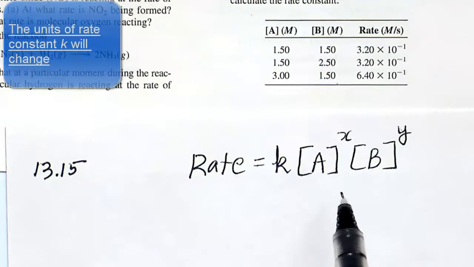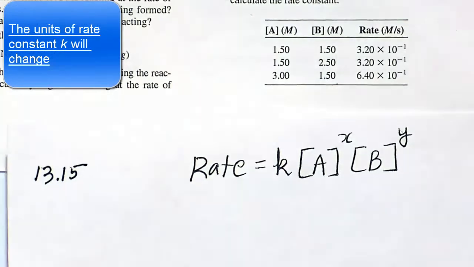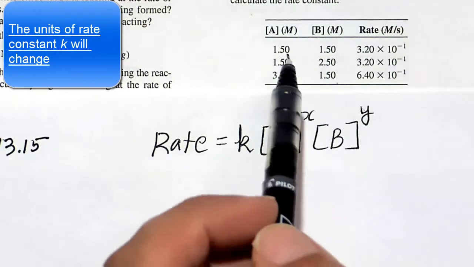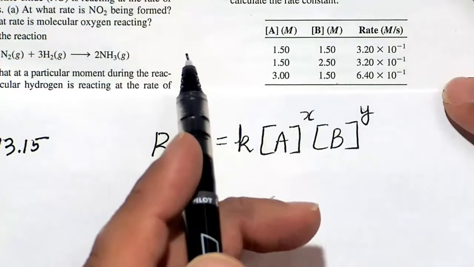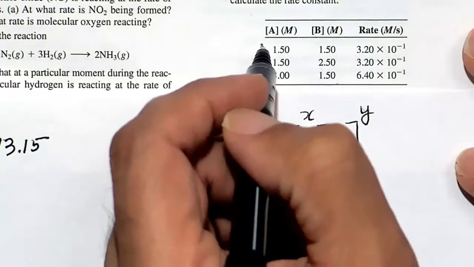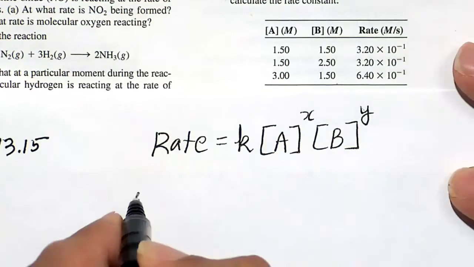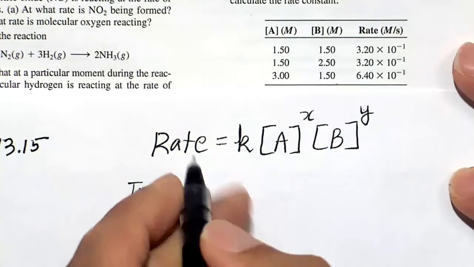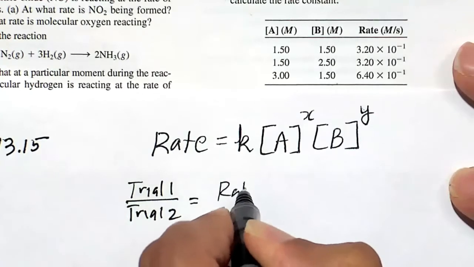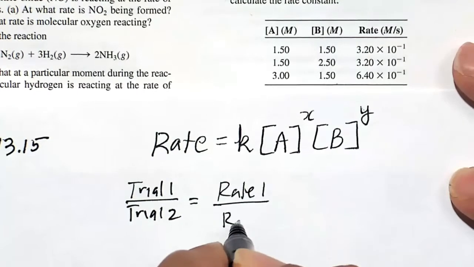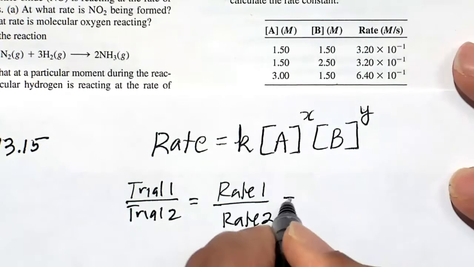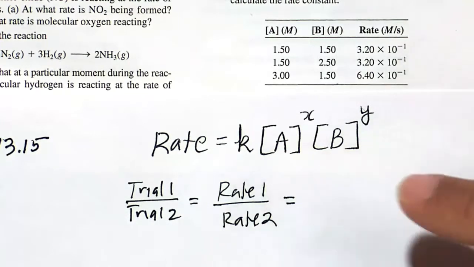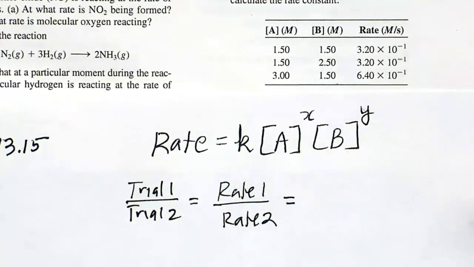To solve this type of problem correctly, we're going to have to compare experiments. Here we have 3 trials. I'm going to compare experiment 1 and 2, or trial 1 and 2. So we'll try trial 1 over trial 2, and that is going to be rate 1. Here you have to be very, very explicit with your units because this lowercase k changes.